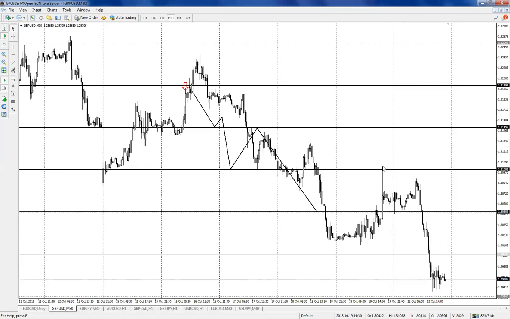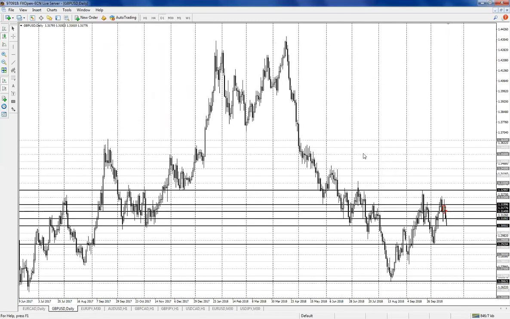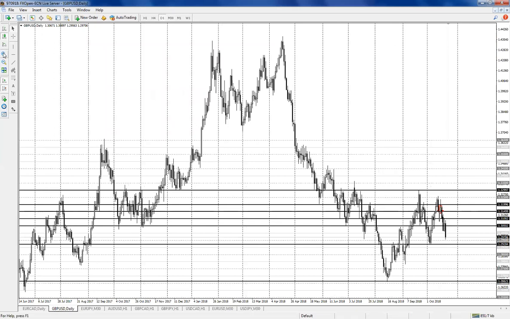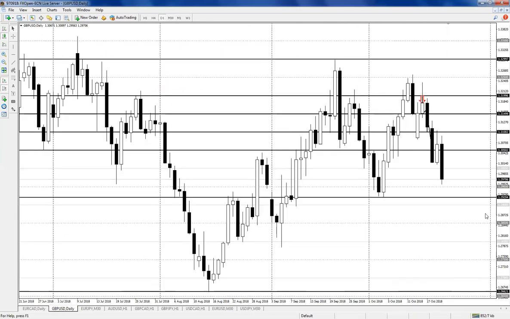I wasn't watching the market at this time on Friday, but as you can see, the market just ran away from that level because it has been a significant support structure and obviously a psychological level. The market just came in, tagged that, ended off on a spike, and then just shifted to the downside. If you remember, we were expecting or hoping for the market to come through to 1.2920 at least.